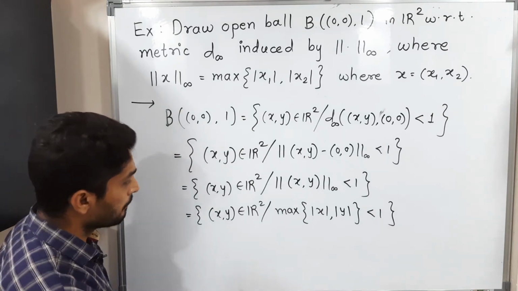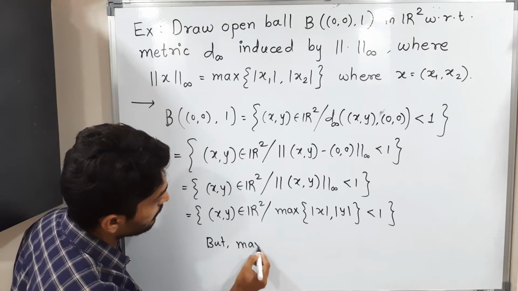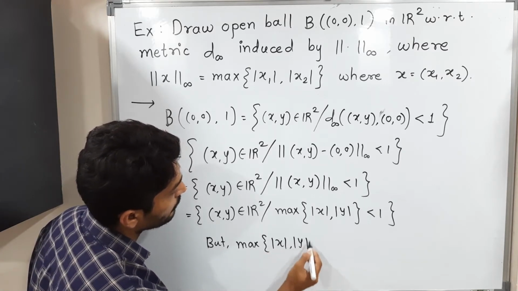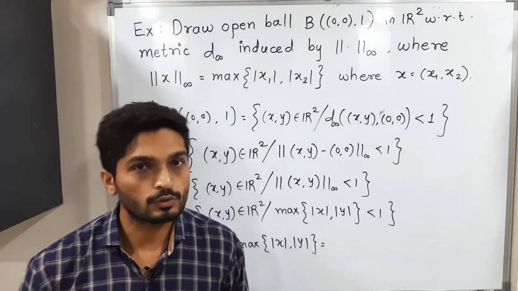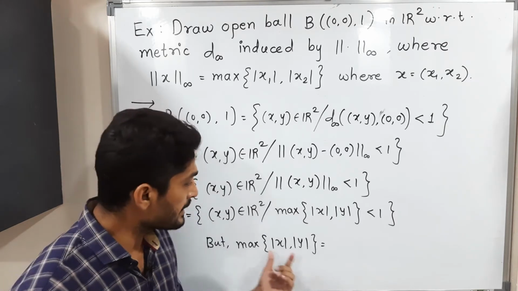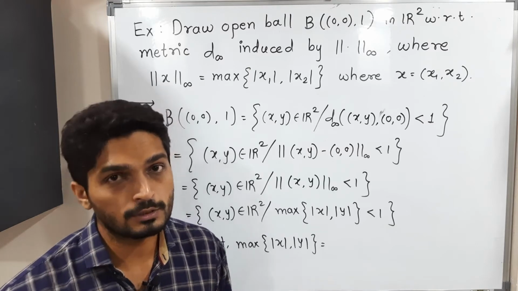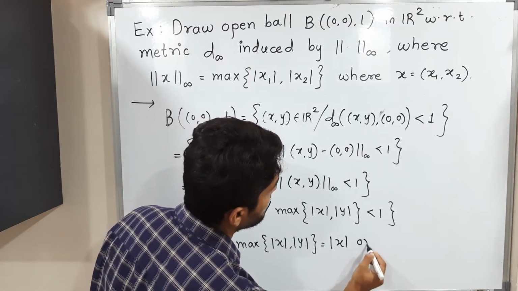But what is the maximum of mod x and mod y? We don't know the values of x and y, so we cannot decide. But definitely we can say the maximum of these two is either mod x or mod y.